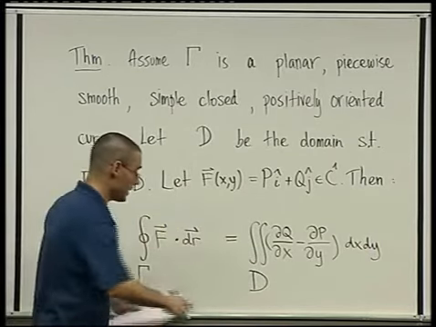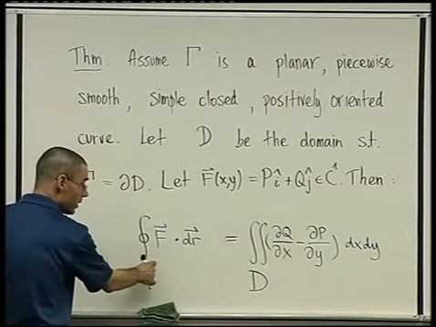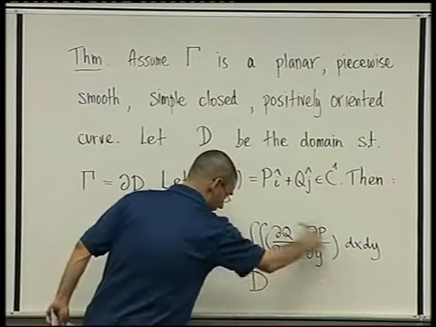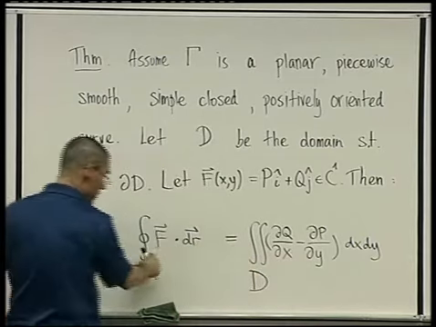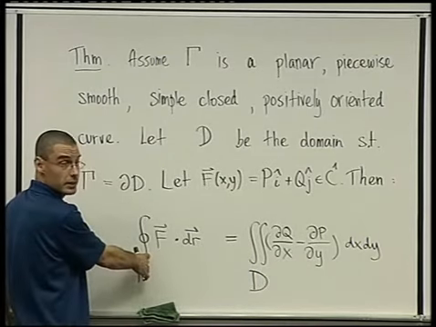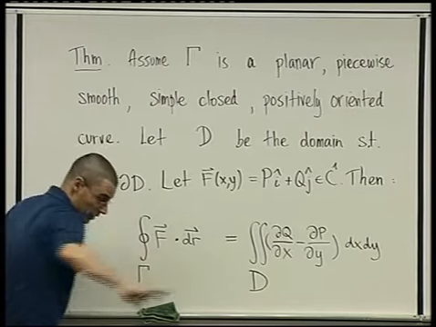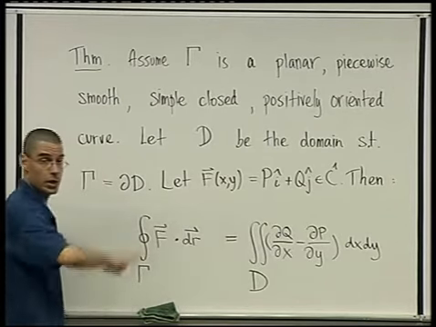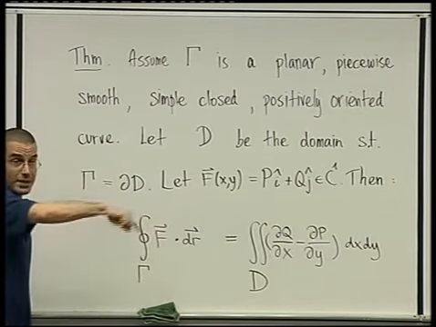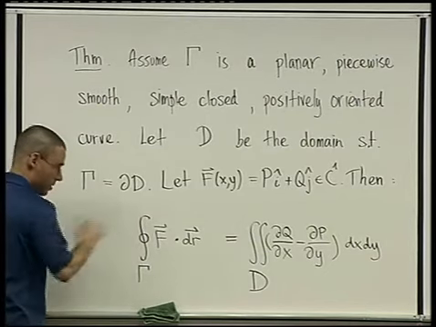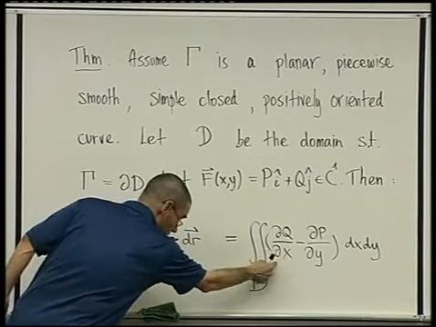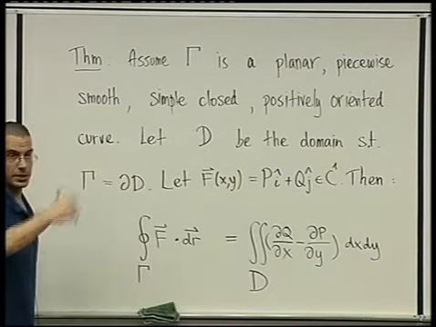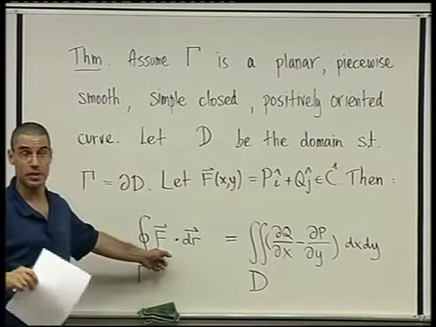Or if you want to look at it starting here and moving here, here you're integrating some derivative over a domain, and here you're getting rid of a snake. Instead of integrating over a two-dimensional domain, you're integrating over a one-dimensional thing, which is just the boundary. But the price is that instead of the derivative, you're taking the antiderivative, some form of the function.